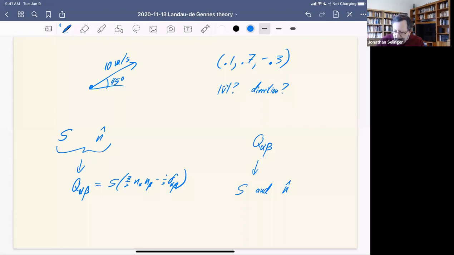And this S would be the largest eigenvalue. It would be the only positive eigenvalue. And N would be the corresponding eigenvector.